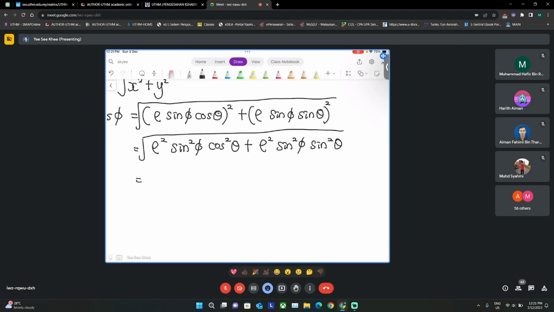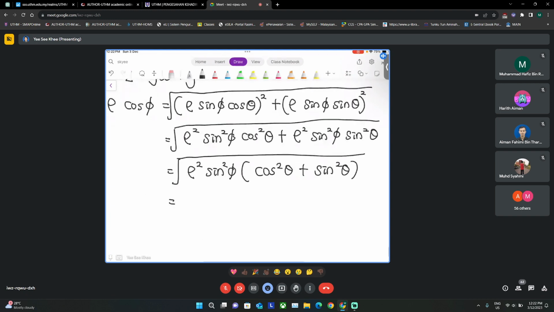Next, factor it out. You have rho squared sine squared phi, which is the same in both terms. You take it out, and inside the bracket you will have cos squared theta and sine squared theta left. Very complicated, but I want to explain to you.